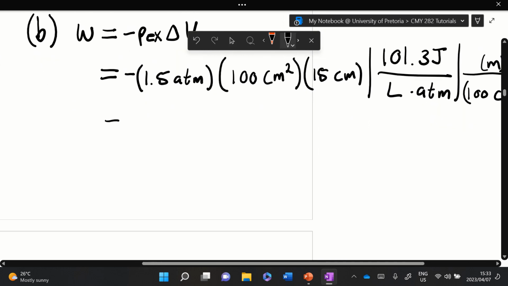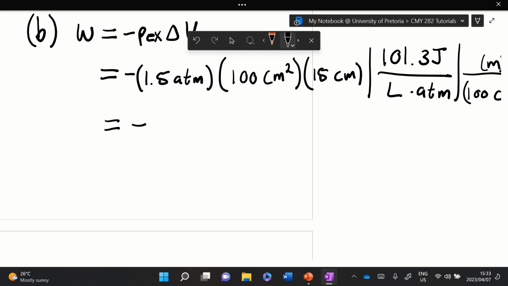Anyway, plugging that into our calculator, we should obtain minus 227.925, which we then need to round off to 2 significant figures, so that is minus 230 joule.